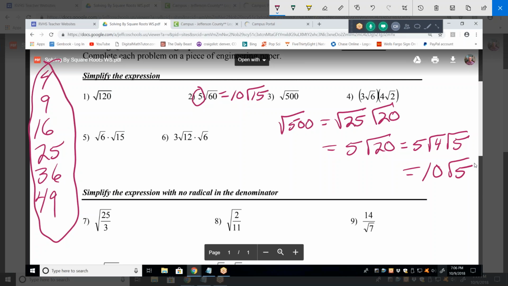However, this took 1, 2, 3 steps. If I happen to notice that this is also a root 100 times root 5, and 100 is a perfect square, it immediately becomes 10 root 5 in one step.